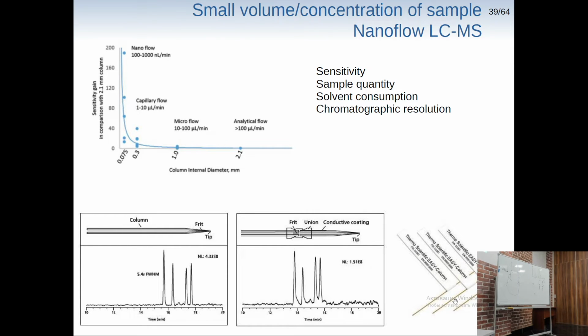And what you can also do in some apparatus is combine your source of electrospray ionization and column. So this capillary which is needed to form electrospray ionization can also serve as a column. In this case, your peaks would be even better. For instance, here are the peaks you can get from a traditional mass spectrometer, where you have this tip which gets your electrospray ionization, and here is a column which is connected by some thread.